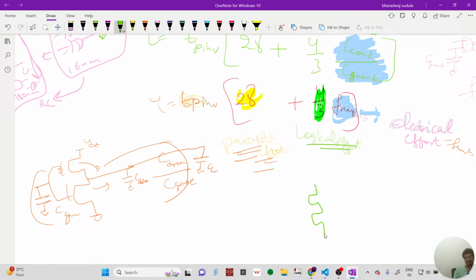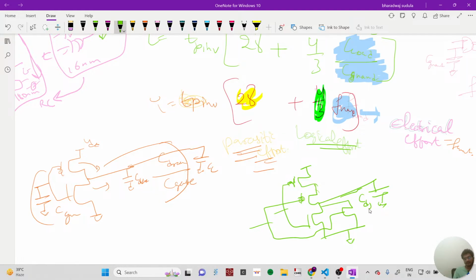Let's say this is the inverter topology, and if I add NAND gates in parallel and one more here, you are changing the topology, and input cap is increasing, and diffusion cap, drain cap is also increasing.